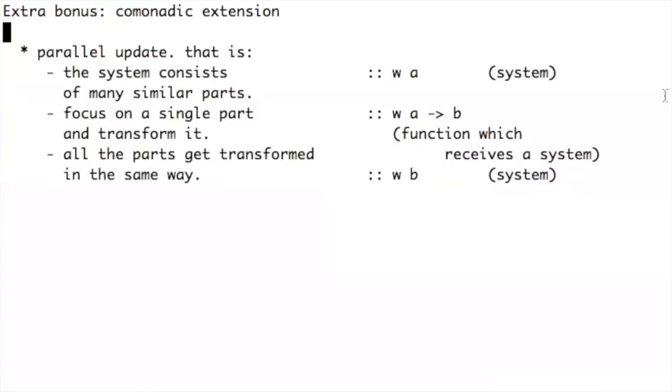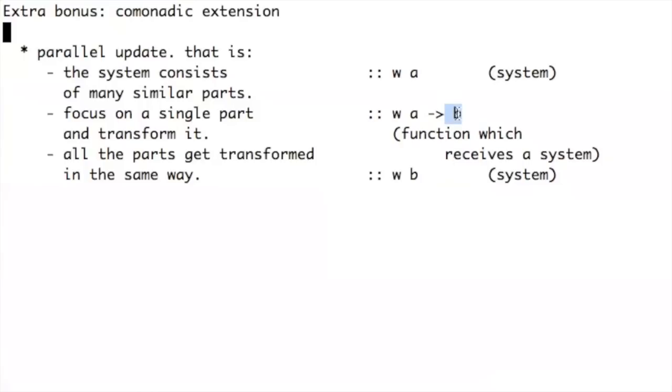Well, it turns out that comonads are useful in a circumstance where you have a system which consists of many similar parts, and one of those parts is our focus. We're looking at it specifically, and the other ones are around it. And now we're trying to transform the system, and that's why here we have a function that takes the system and transforms it.